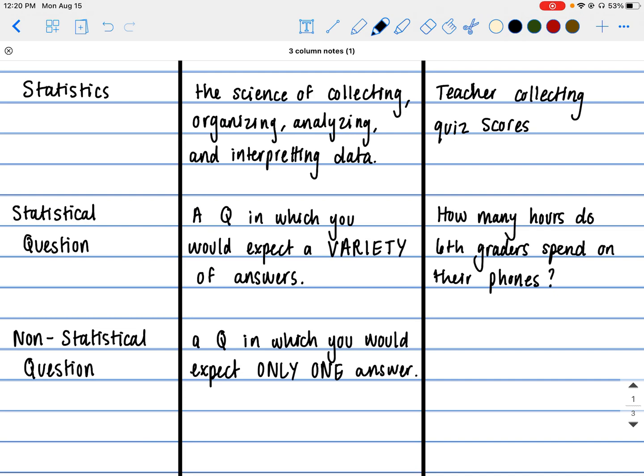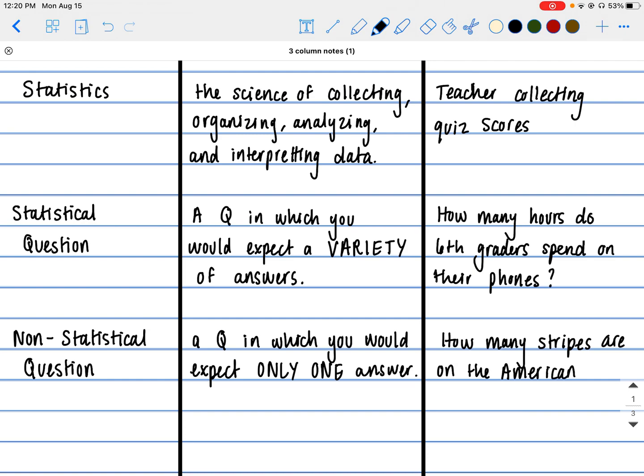All right, so it's like a fact, right? There would only be one answer to it. So for example, something like, how many stripes are on the American flag? There's just one answer to that question, right?